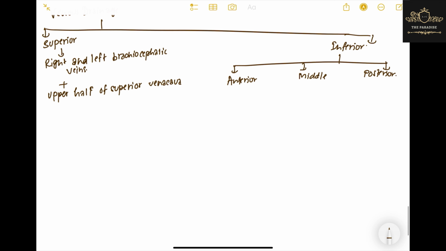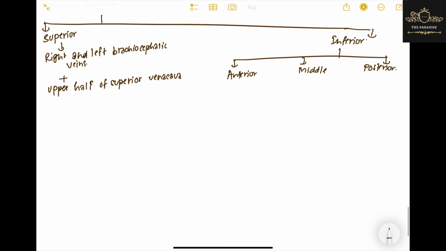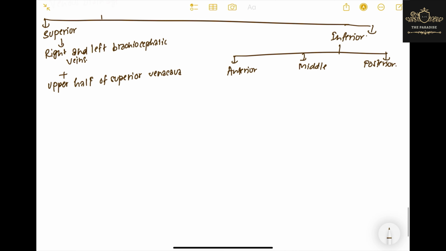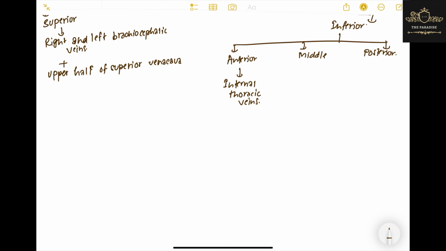So anteriorly, what will be present? Internal thoracic vein. In the middle part, what will be present? Pulmonary trunk, that is a part of the heart.